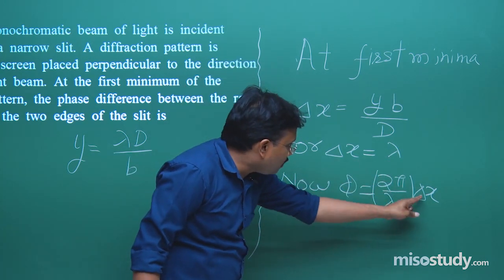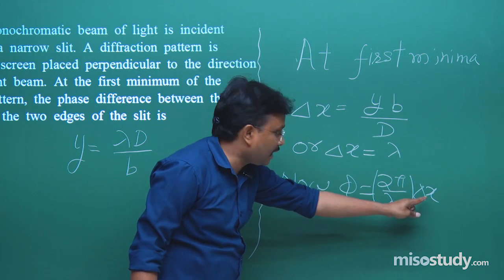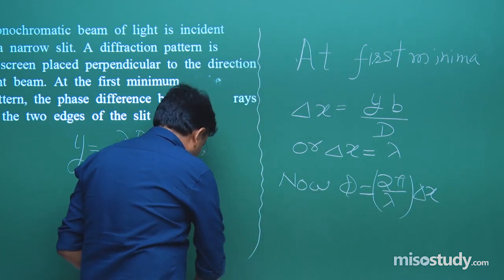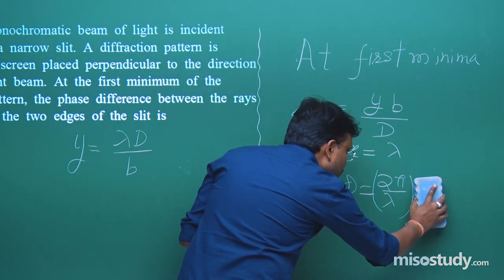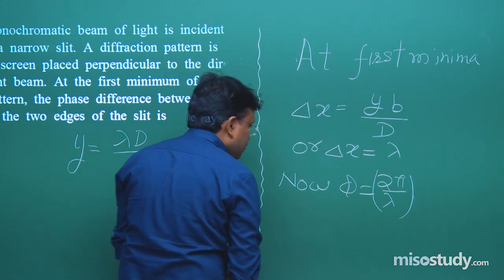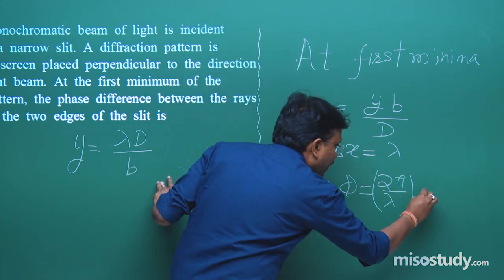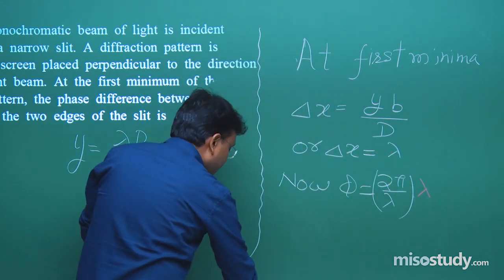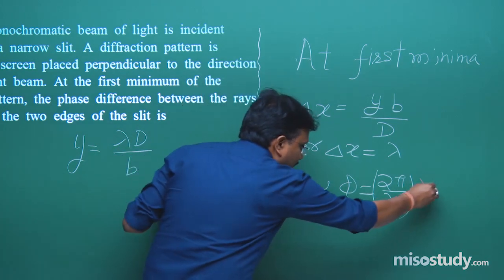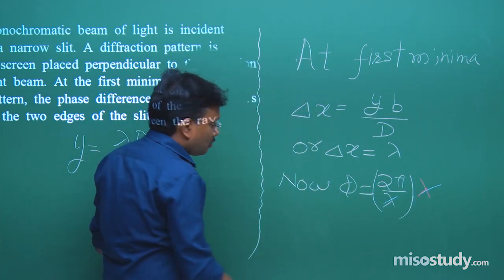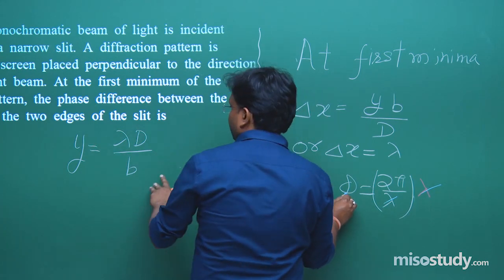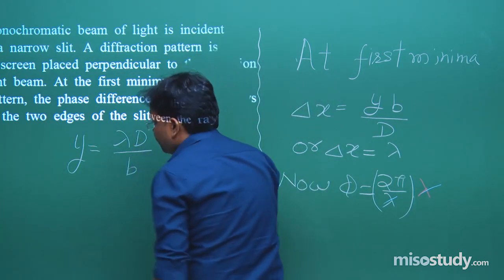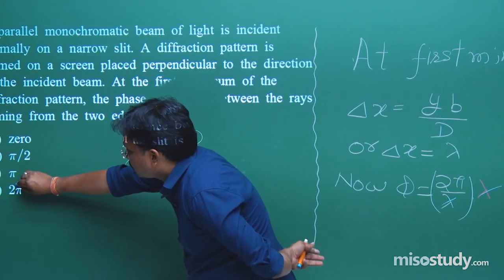So, replace the value of lambda for delta x over here. So, what will happen? If in the same relation I am replacing this value, with red color, so let us use blue color to cancel it. So what is the phase difference phi? It is 2 pi, which is this answer.